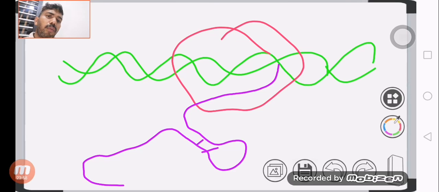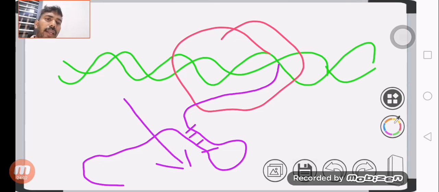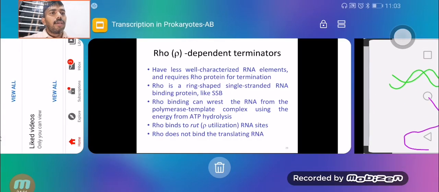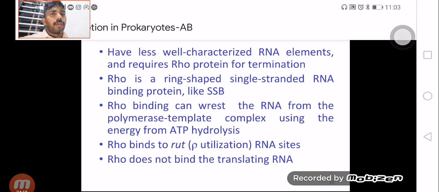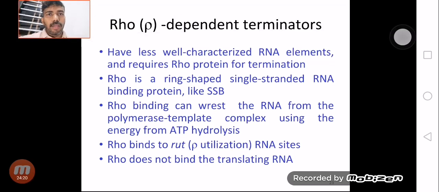So this stem loop formation actually causes a pressure in these directions. So once this molecule is being pulled down, the AU bonding here will be lost. So this pressure formed by this stem loop formation actually causes the dissociation of the molecule, right? So that's about the rho independent mechanism.